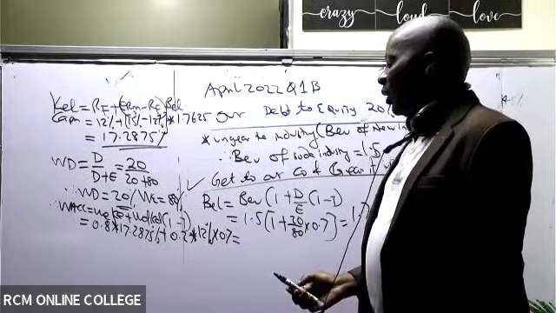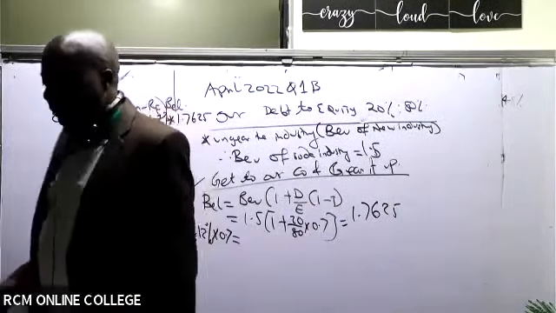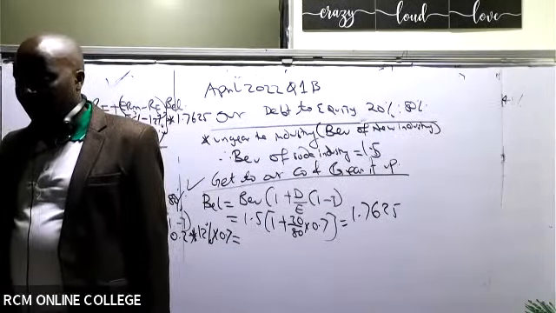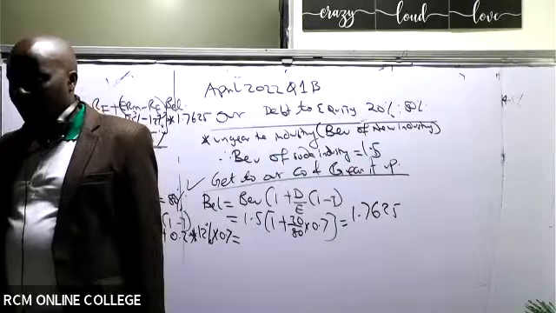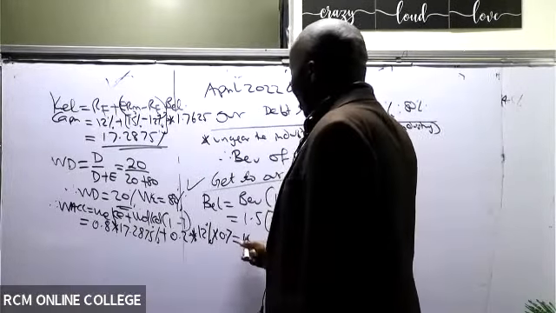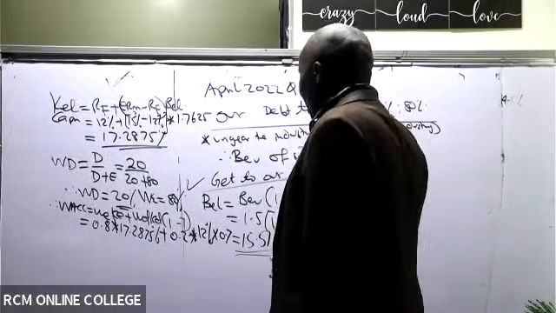So our WACC will end up giving us what figure? This is 15 point what here? This is 15.51%.